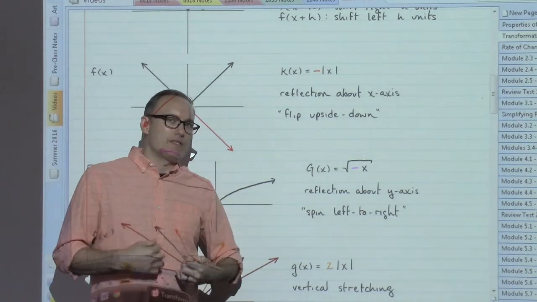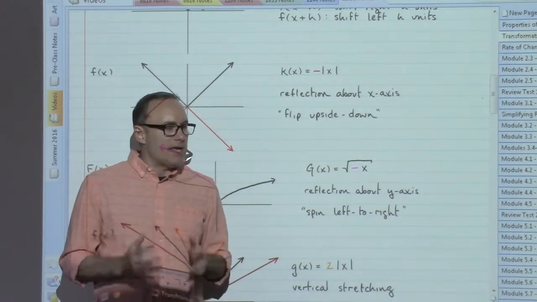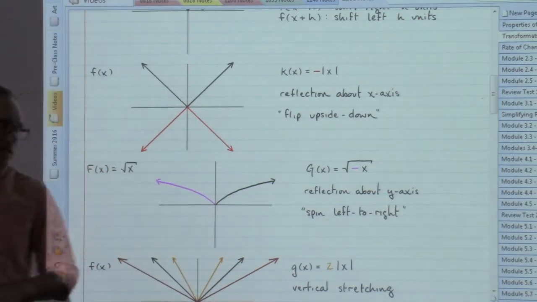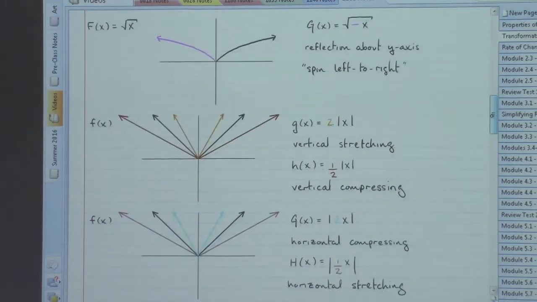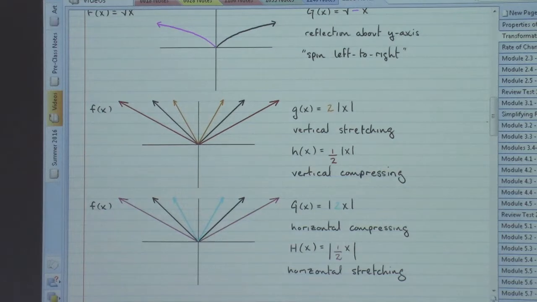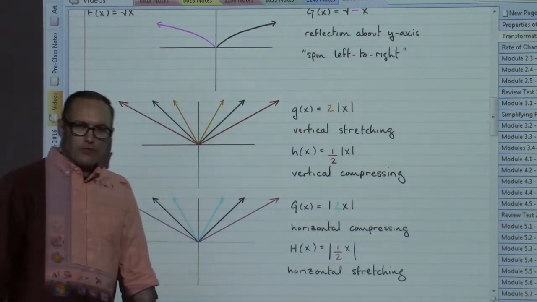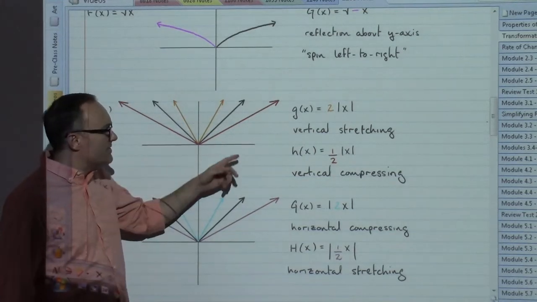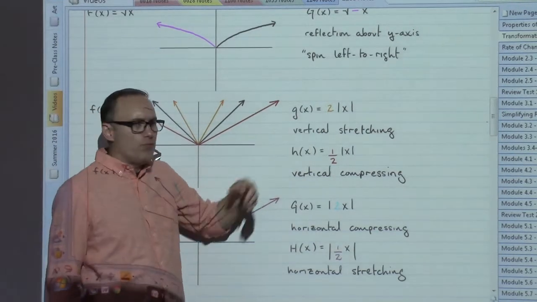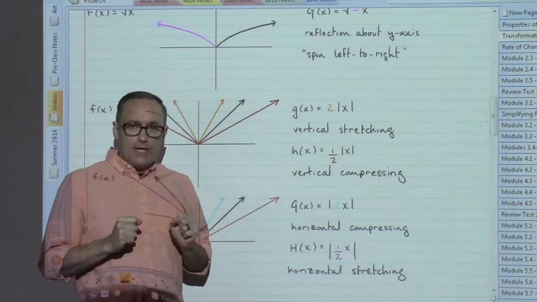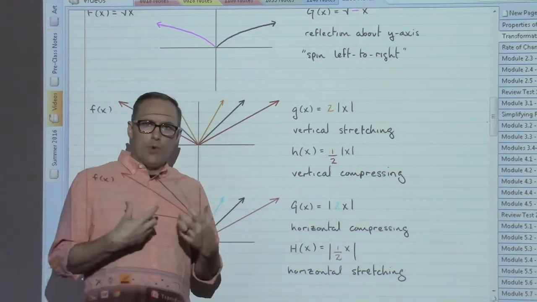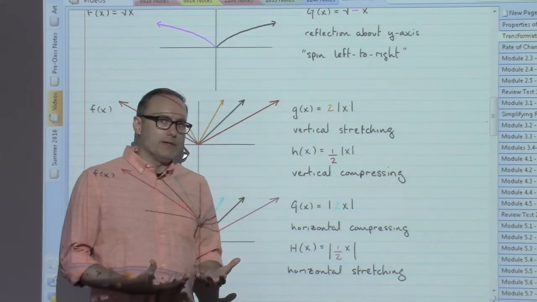But there are other things that we can do, and this is a little bit more difficult to be as detailed about, but the other ones that we have are stretches and compressions. So let's go back to that V shape again and say, what's going to happen if we, instead of adding or subtracting, instead of throwing in a negative, incorporate something like multiplying?